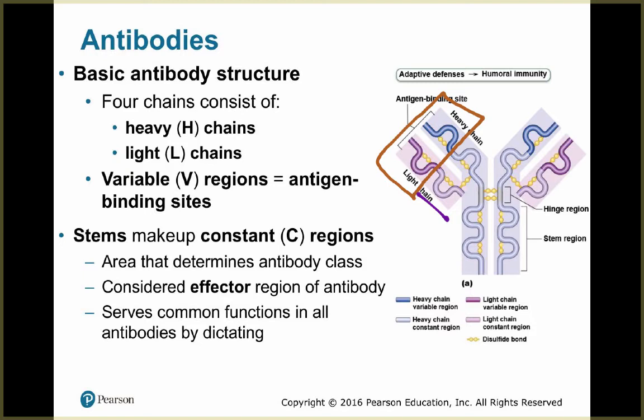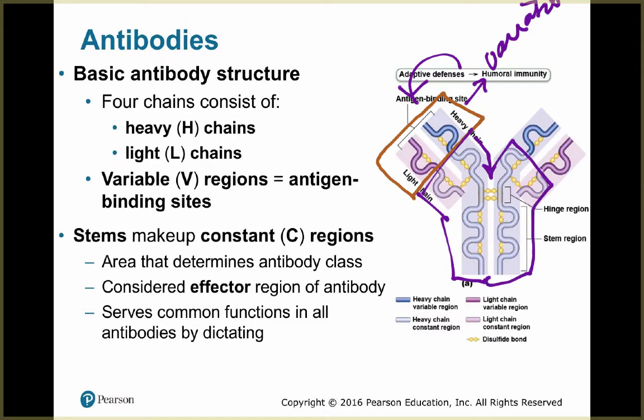And so if you look at the dark spots, those are going to be the variable. And so the variable regions are the antibody, the antigen binding areas. Now these parts that are lighter that go through here on both sides, right? Those are what are known as constant regions.